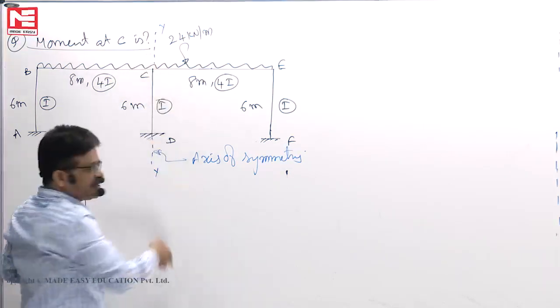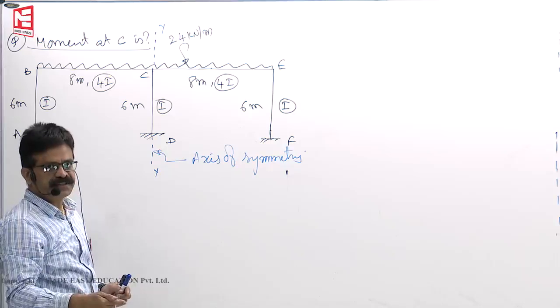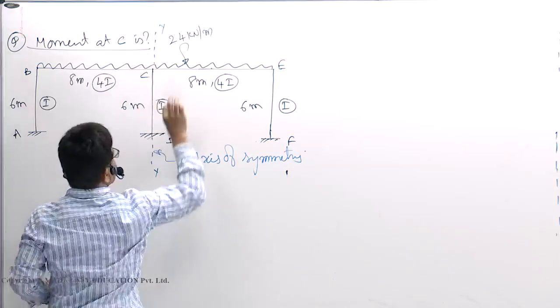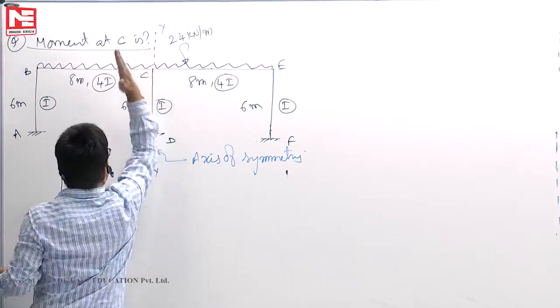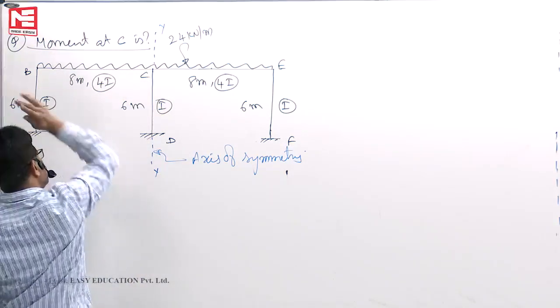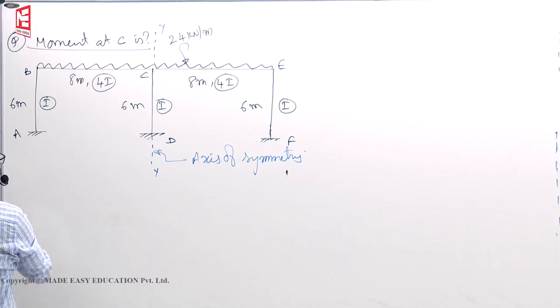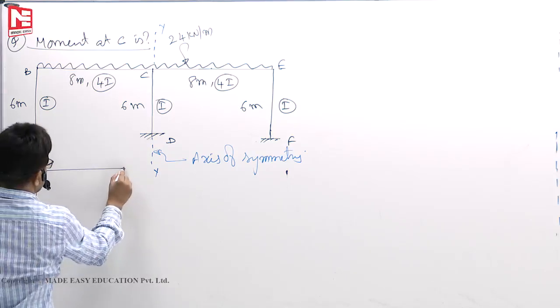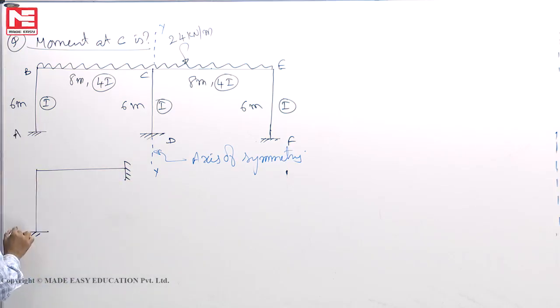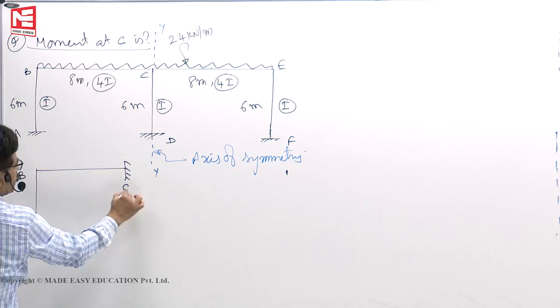Once you fix it, you don't have to show the entire column length. Just symbolically fix it here, and throw the entire thing out. Fixing it here means the entire column is like a fixed support. Now it becomes like this. That's all. This is point A, B, C only.